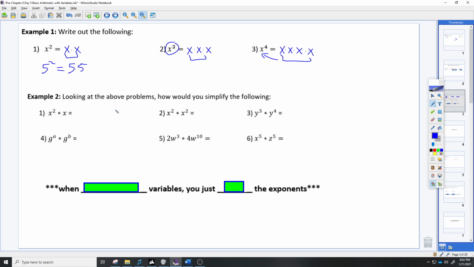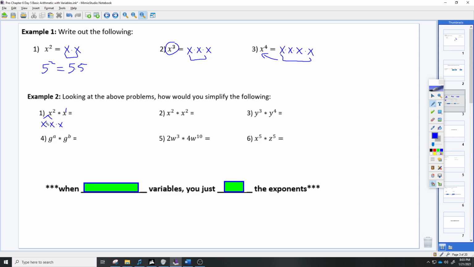So let's try to simplify some of these and figure out how we would do that. If we have x squared times x, and if you don't see a power on here, that just means that there's a 1 there. So we have x squared times x. If I write this one out underneath, that means x times x, because that's what x squared is, times another x.